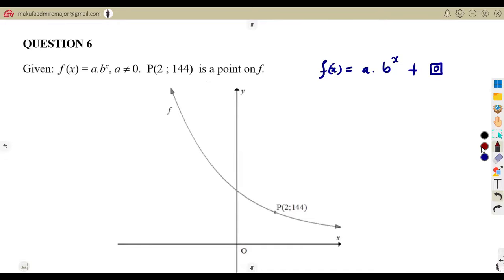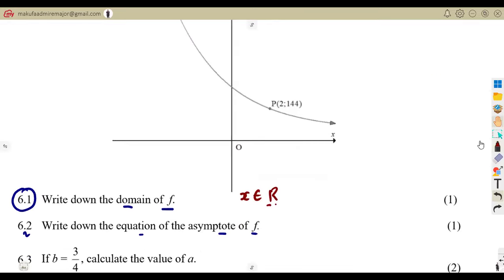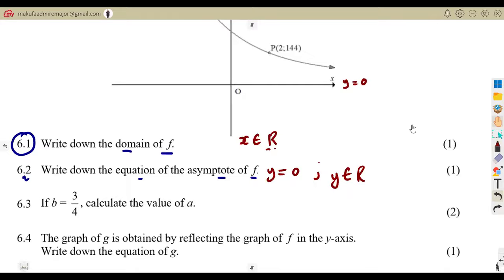So meaning to say, that is going to affect our asymptote. The y value is going to be at 0. So meaning to say, we're talking of what? The x-axis, where y is equal to 0, and being also a real number, this y that you're talking about.